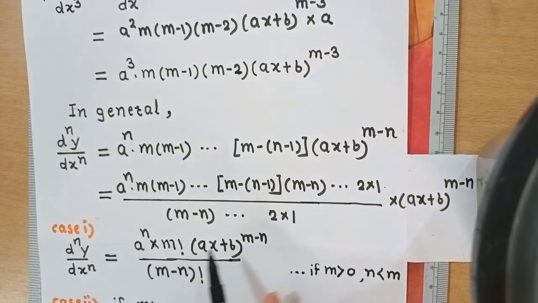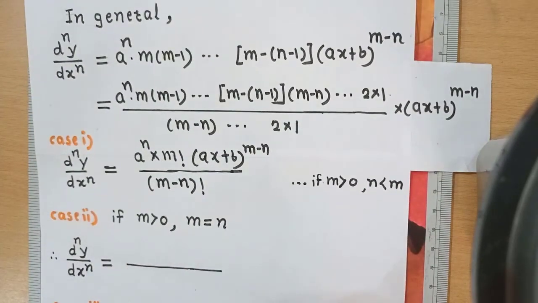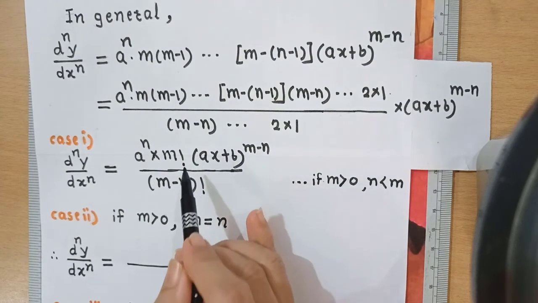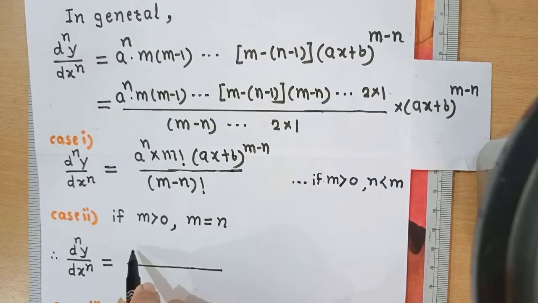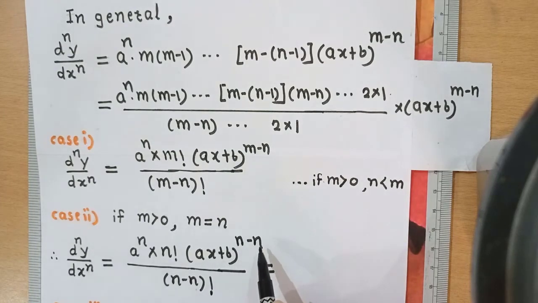And if the order is less than the power m, then we will use this. Suppose the order and power are the same, so we will write m equal to n. We will substitute this here, and so we have n factorial upon (n minus n) factorial. Now n minus n means 0, this raised to 0 means 1, and here also 0 factorial means 1.